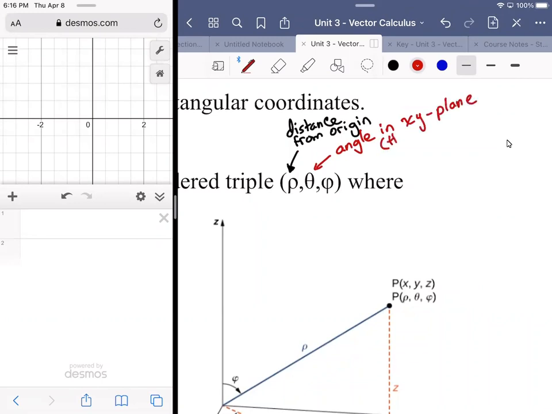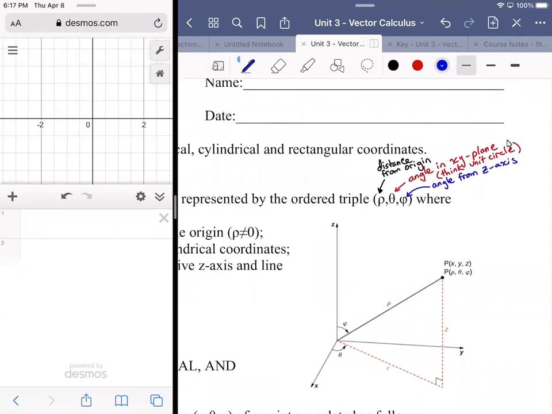All right, so think unit circle. The unit circle seems to keep coming back over and over again. And then the phi represents the angle from the z-axis.